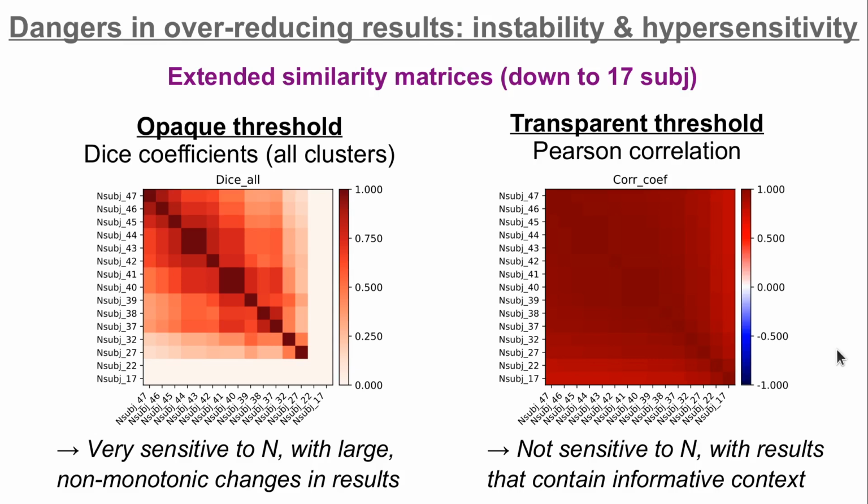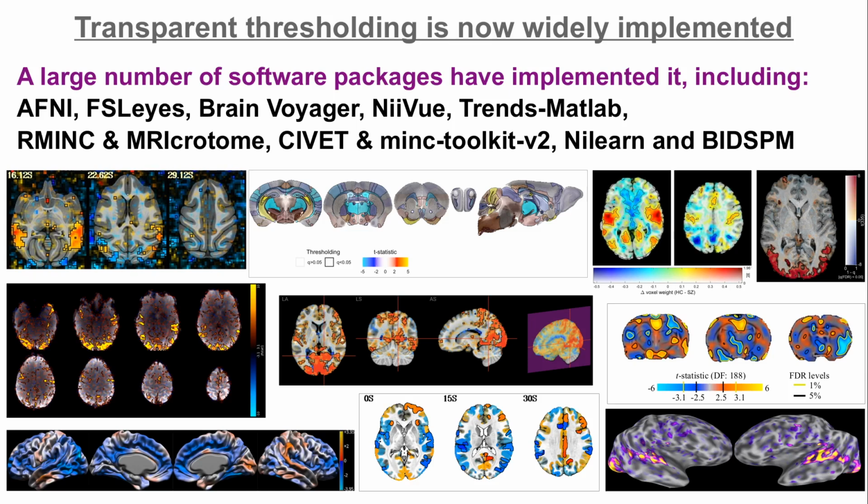Okay, so hopefully this has shown many of the benefits, both within a study and cross-study, of transparent thresholding, and unfortunately many of the biases and detriments of opaque thresholding. A nice thing is, and one of the reasons this large consortium has gotten together, is to try to make it more readily findable to implement transparent thresholding in a larger number of packages.